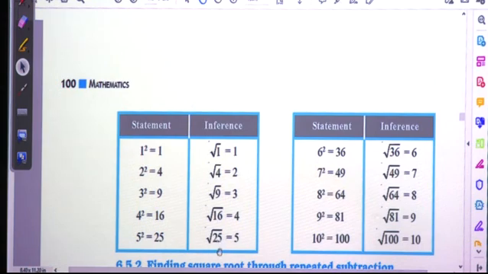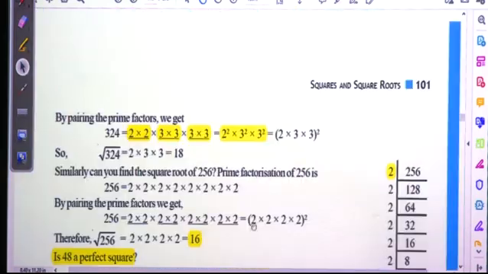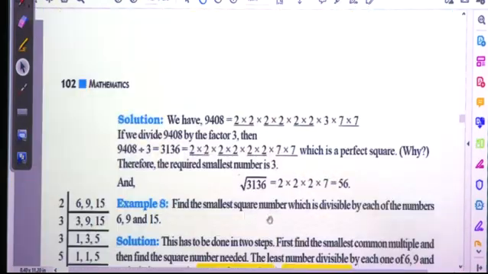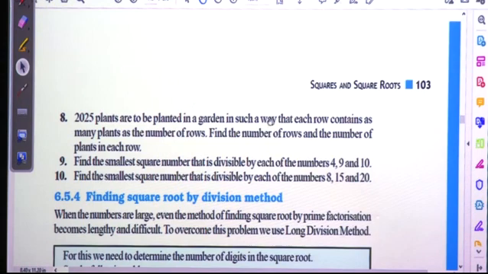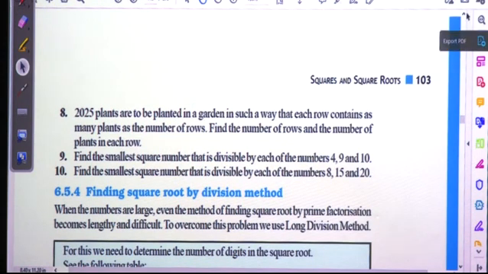Similarly, if 5 is in the square root's ones place, what can be the possible digit? It is only 5 that can happen, because nowhere else can you see 5 in the ones place. So, the answer here, students, is very simple. We are solving on the basis of whatever has been explained to us.